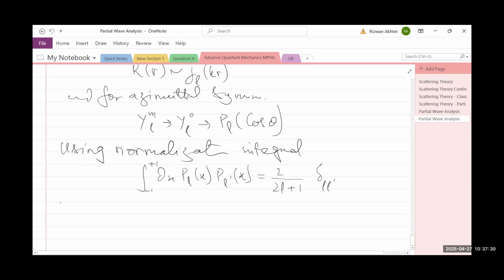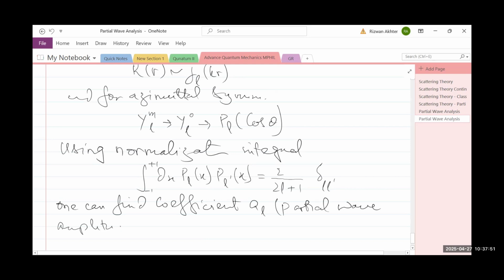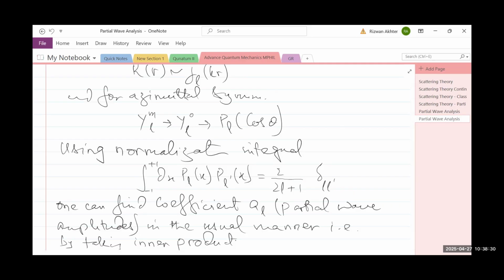So using normalization function, one can find coefficients A sub L, which are basically partial wave amplitudes, in the usual manner. जैसे आप quantum mechanics में usual manner, by taking inner product of these two orthonormalized polynomials. इस तरह से आप basically amplitudes निकाला करते थे, if you remember in your quantum mechanics classes.